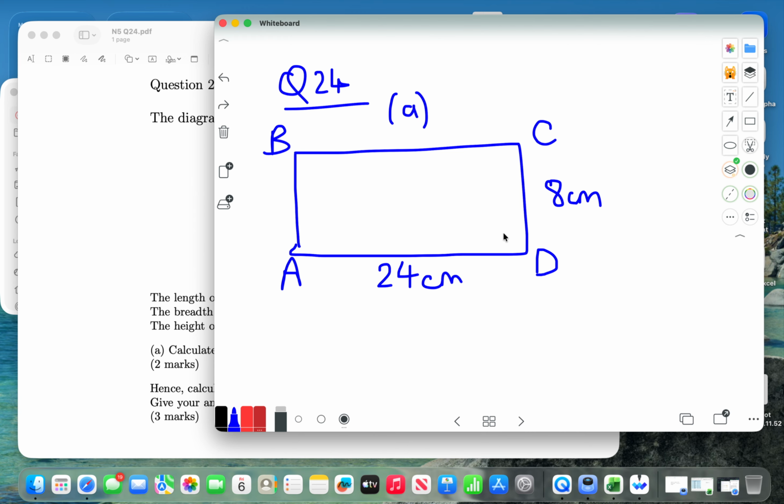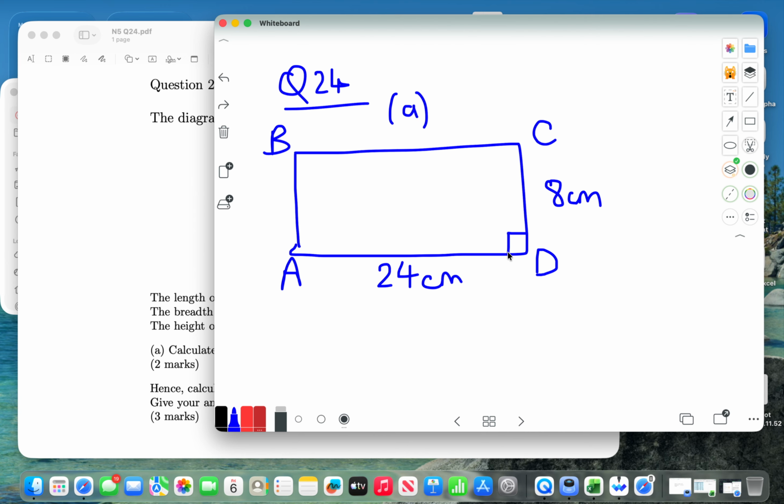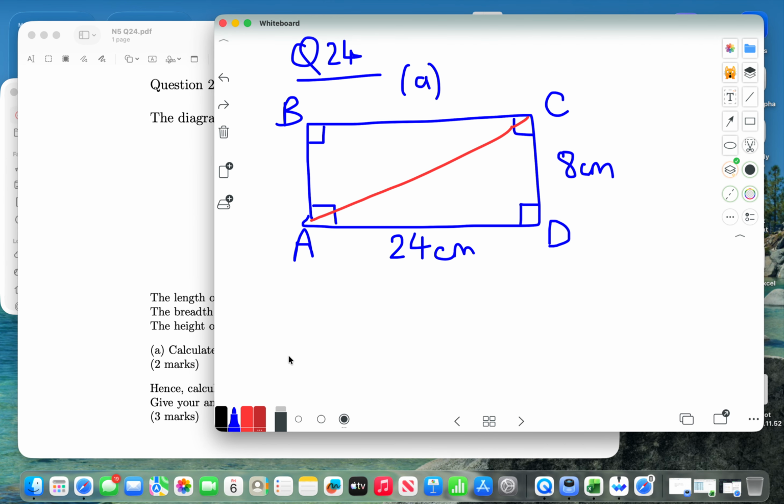So what you know about a rectangle is all of the angles must be 90 degrees. But we have to find the face diagonal AC, so we can split it into two portions and take one of the portions.